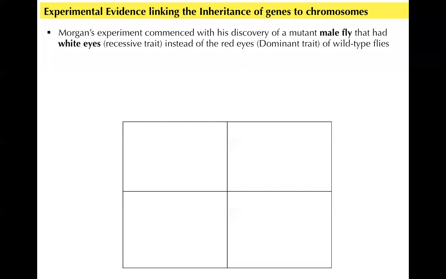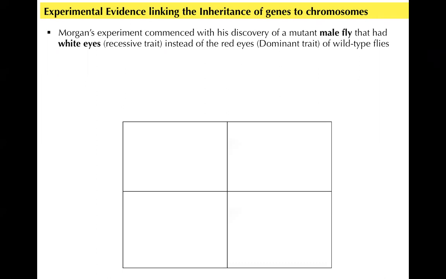However, T.H. Morgan and his students at Columbia University in the United States of America were trying to identify a unique trait in Drosophila melanogaster to study genetics. However, they were able to detect a fly which has a white eye phenotype.